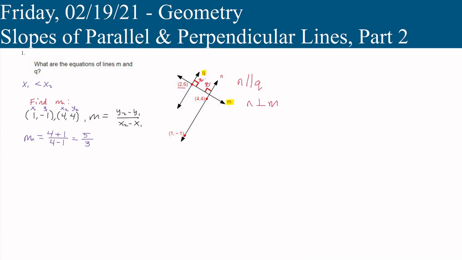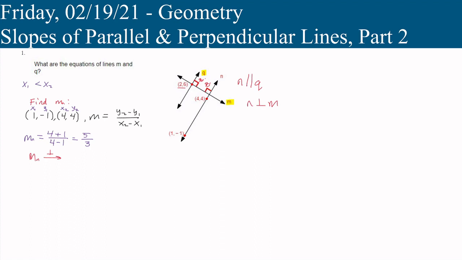Because I know that the slope for m is perpendicular to that of n, right? So I'm going to take the slope of n. I know they're perpendicular because of this 90-degree angle right here at their intersection.